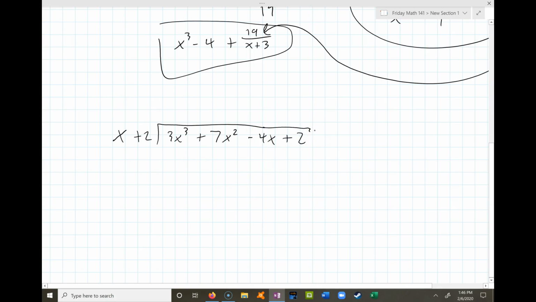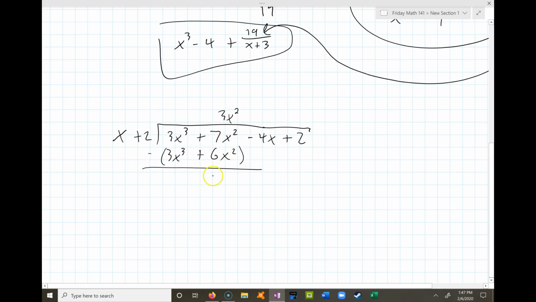So doing long division, I say what times x equals 3x cubed? That'd be 3x squared. Then I multiply: 3x squared times x is 3x cubed. 3x squared times 2 is positive 6x squared. Then I subtract.